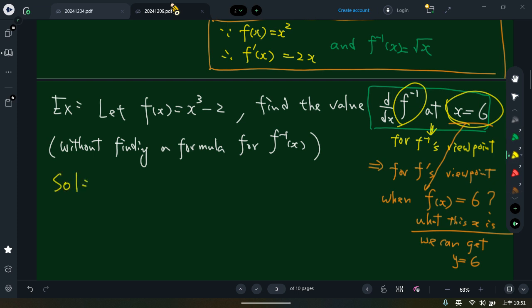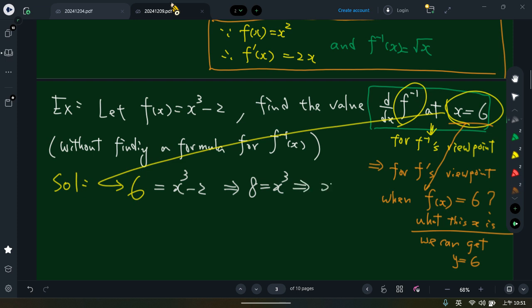so we can see when we get 6, that means x cubed minus 2 is 6, so x should be 2. So this is from the original function's viewpoint.